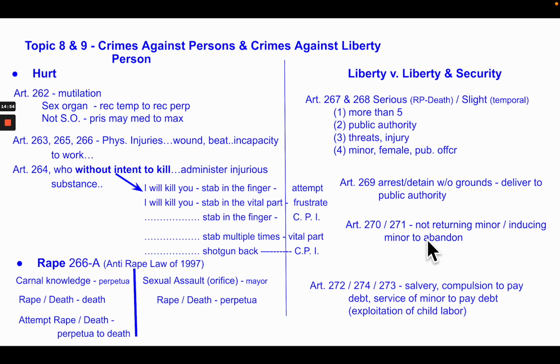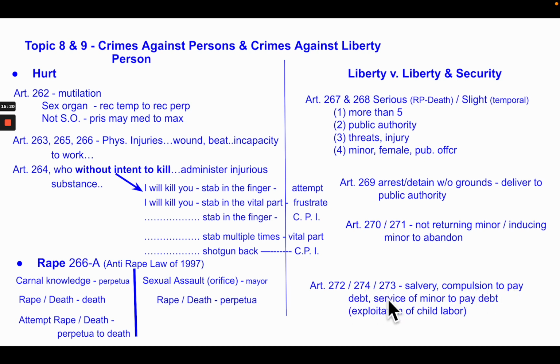And in Articles 272 and 273, the law talks about slavery. All right, so the law says when the purpose is to enslave, you detain a person with the purpose of enslaving, that's slavery. Or when there is a compulsion to pay a debt, you detain as a compulsion to pay the debt.